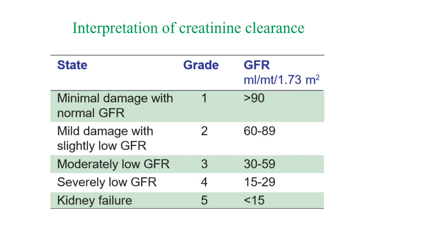If the GFR is more than 90, there is minimal damage or no damage to the glomerulus, whereas GFR of 60 to 89 is mild damage, 30 to 59 is moderately low GFR, and 15 to 29 will cause severely low GFR, whereas less than 15 ml per minute per 1.73 square meter of creatinine clearance leads to kidney failure.